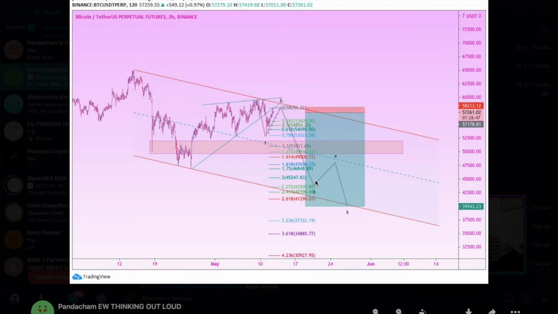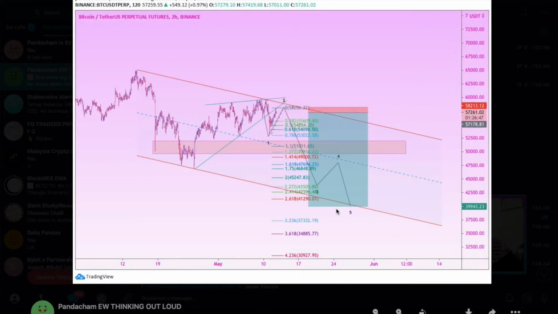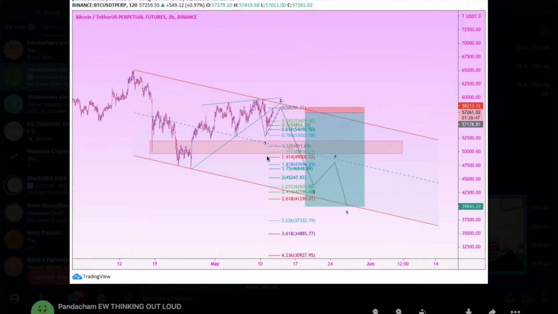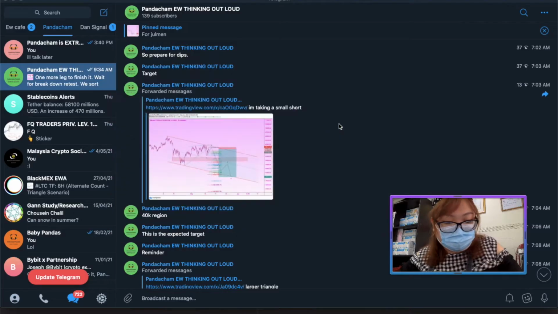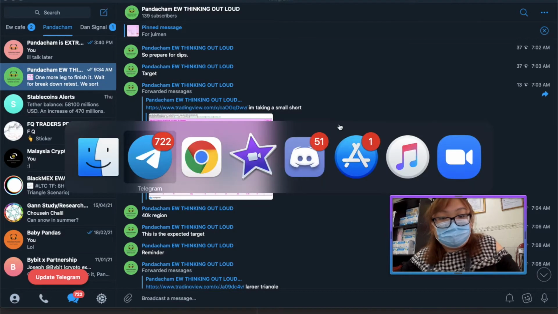Although I didn't take it down till here, I closed all my position somewhere right here. The reason is that I went to sleep and was a little worried, so I just didn't go through this, but it's okay. This trade is still valid, guys. This trade is still ongoing.